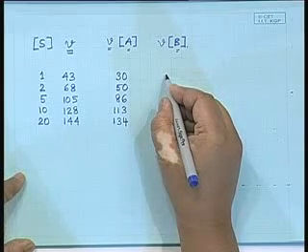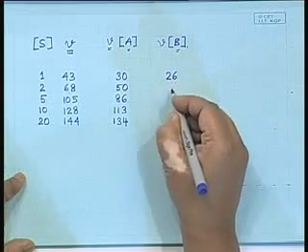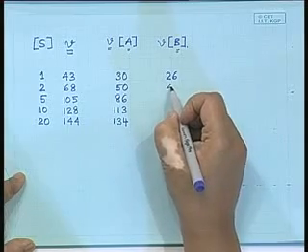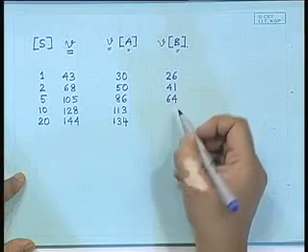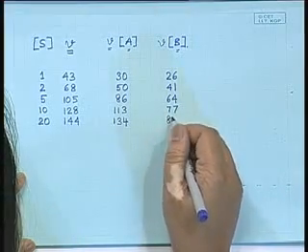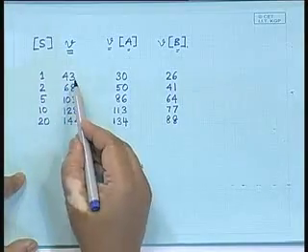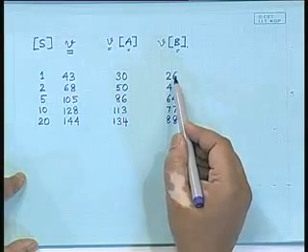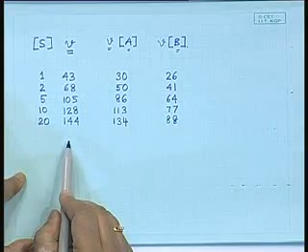For the inhibitor B, we have 26, 41, 64, 77 and 88. Okay. You see how the initial velocities have decreased compared to the uninhibited enzyme?